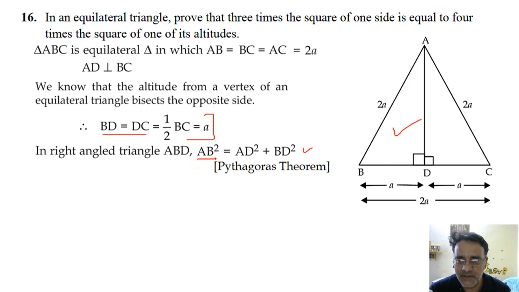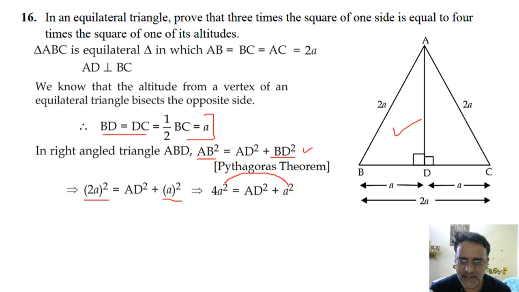AB is 2A and BD is A. So this will be 4A square and this will be A square. Now shift A square to this side. You will get AD square is equals to 3A square. This is clear.